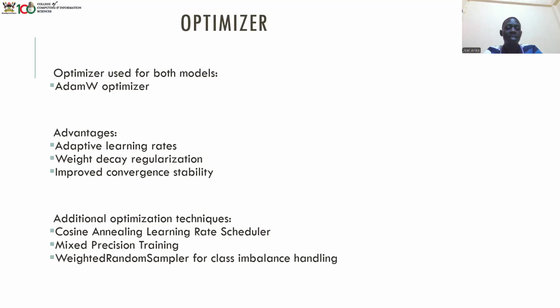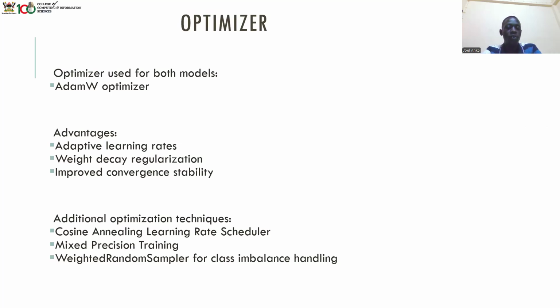That's why you're seeing the advantages there: adaptive learning rates, weight decay regularization, and improved convergence stability. It helps us update the weights automatically so that the network can learn properly.